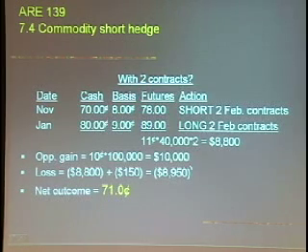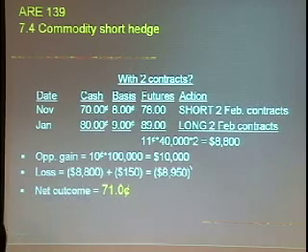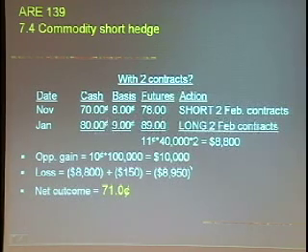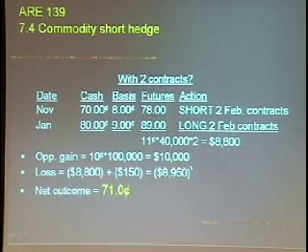It's a little bit less than the opportunity gain. So the difference, rounding it off, is about 1 cent a pound, right? So if you call this 9,000 and 10,000, the difference is 1 cent a pound on 100,000 pounds. So you end up with 71 cents instead of 70. So you always want to compare the net outcome to your objective in the cash market, okay, which is up here.